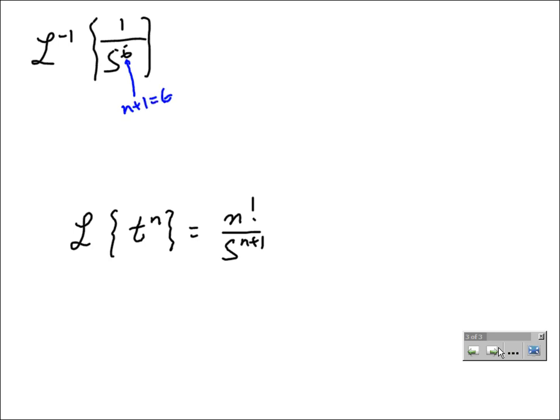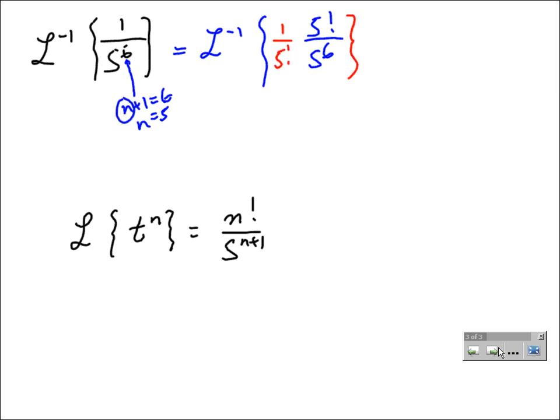If n plus 1 is 6, well, 5 plus 1 is 6, then n is 5. If only I had a 5 factorial in the numerator. Well, I can put 5 factorial in the numerator, but I better multiply by 1 over 5 factorial.